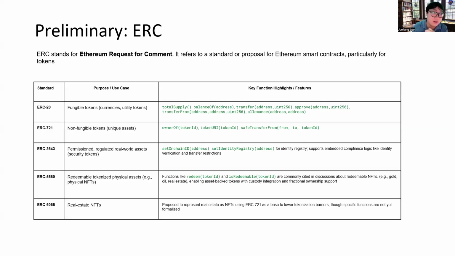So for example, the current standard of ERC20, like USDC, USDT, all the stablecoins, are basically ERC20. In ERC20, the standard template for a smart contract must have these functions: total supply, balance of, transfer, approve, transfer from. So no matter which token you are interested in, you go to its smart contract.